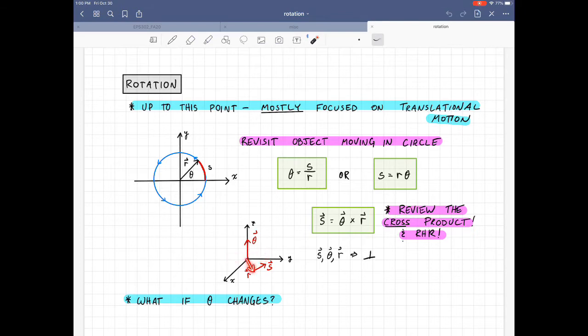We just happen to have it drawn right there. s is pointing perpendicular to the direction that the object is moving, so that's 90 degrees right there. And then outside of the xy plane, in the z direction, is the theta vector.